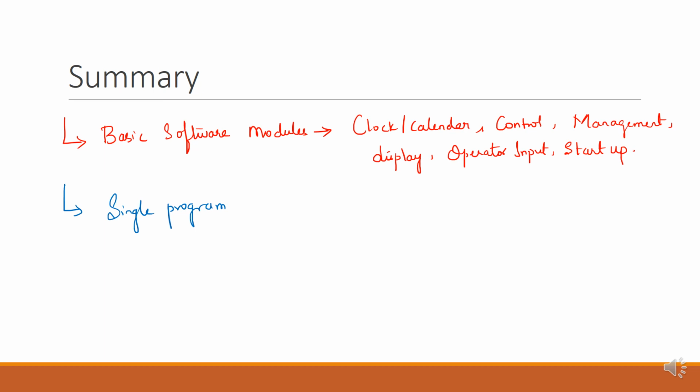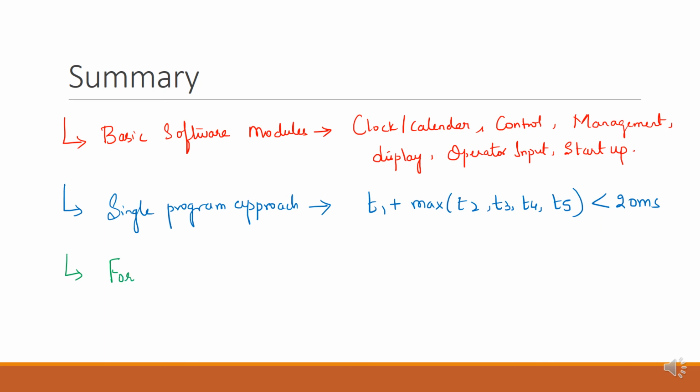The requirement of this approach for the system to work is that T1 plus max of T2, T3, T4, T5 should run within 20 milliseconds, where T1, T2, T3, T4, T5 are the computational times for the clock calendar, control, management, display, and operator input modules. Similarly, we also understood the foreground and background approach.